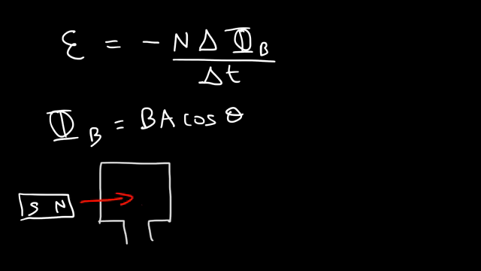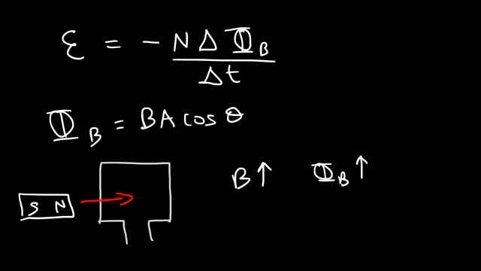As we move the magnet into the coil, the magnetic field is increasing. And so this leads to an increase in the flux that's going into the coil. And that's going to cause an induced EMF. So that's one way in which you could change the flux going into the coil, is by changing the magnetic field, by moving a magnet into or out of the coil.